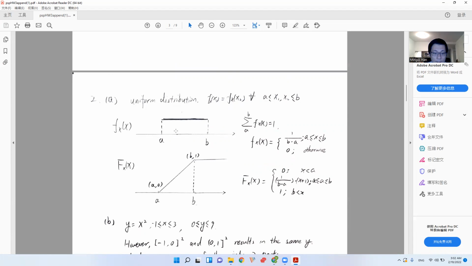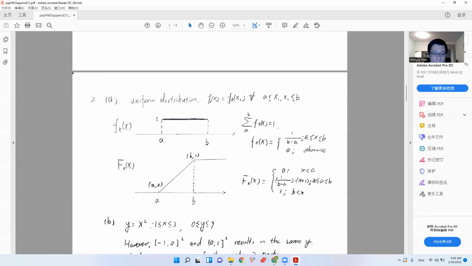Its integral, or the summation of every value from a to b, should be equal to 1. So the height of this line is basically just 1 over b minus a, the same way you figure out a rectangular shape of area 1 where one side is length b minus a.